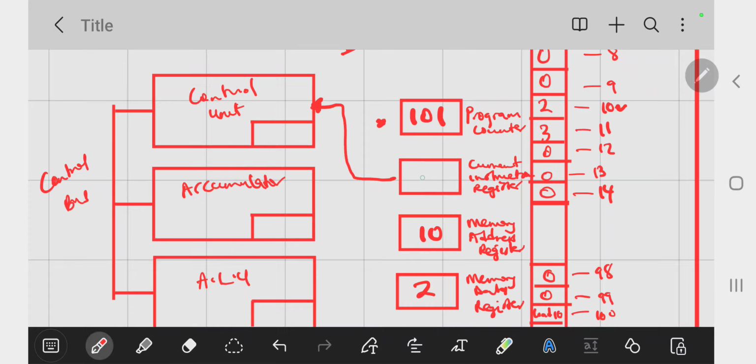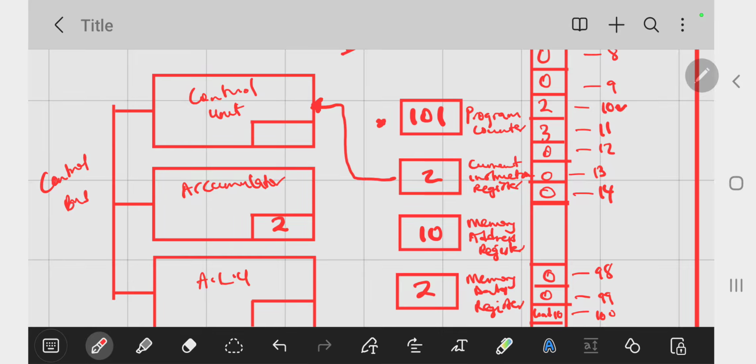You have your 2 there, then your 2 can move to the control unit, then it goes in the accumulator. So this is how it flows. It will move to the control unit, then through the control bus and into the accumulator. So you find that in the accumulator now you're going to have what? A 2. So that is the first instruction, now it has been fetched, decoded, and executed.